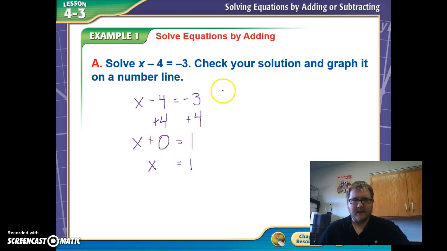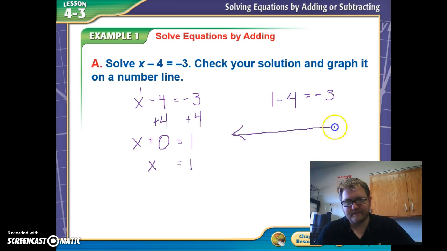What we can do is check that. So let's put 1 in for x. We put 1 in for this x here. Is 1 minus 4 equal to negative 3? Well, it is. If we make a number line, we have 0, and we'll put 1 here, 2, 3, 4, negative 1, negative 2, negative 3, negative 4.